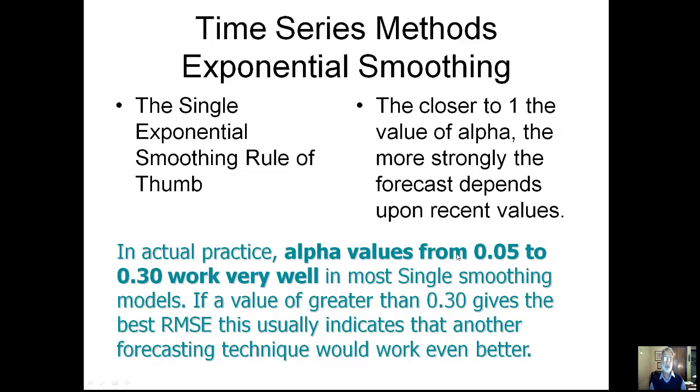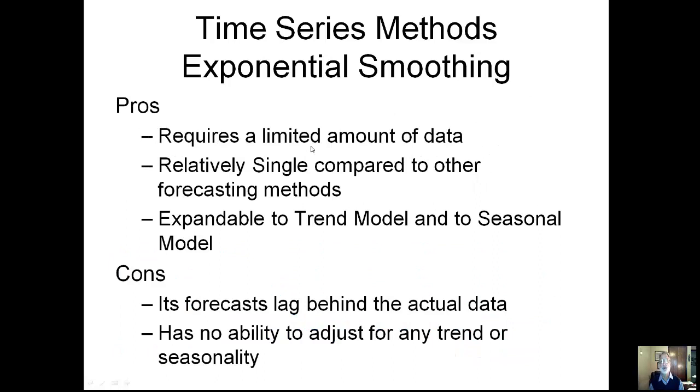Historically, over the years, we have found that smoothing constants in single exponential smoothing of 0.05 to 0.3 work very well. Smoothing constants greater than 0.3 usually indicate that some other forecasting technique might be more appropriate.